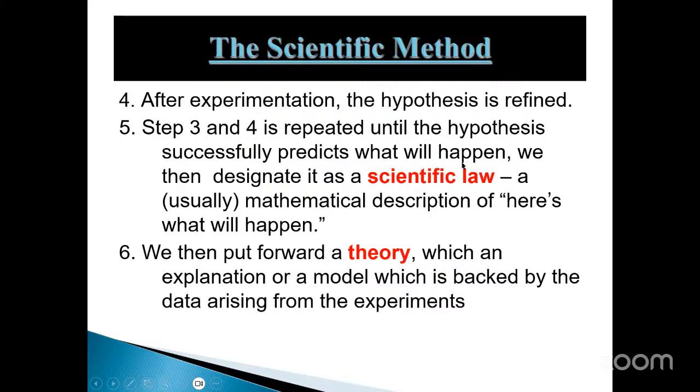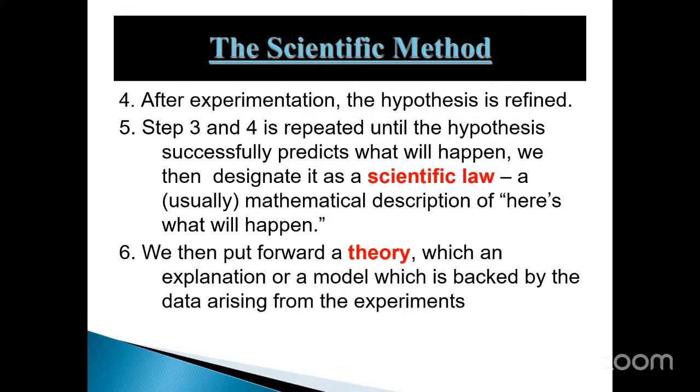In other words, you will have some harmony between the resulting experimental data and the refined hypothesis, right? So basically, when you get to that stage where the hypothesis successfully predicts what will happen based on the data provided, then you can come up with a statement which is a scientific law, right?